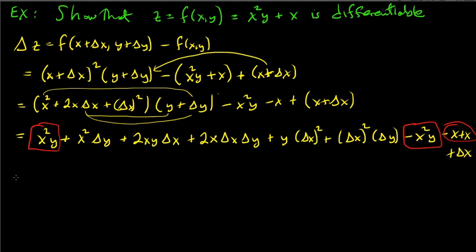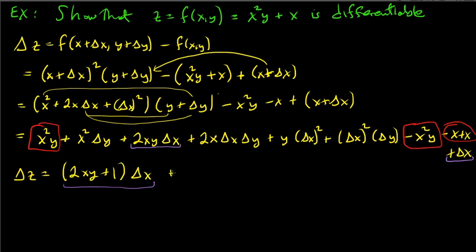All right, so again, our delta z now is going to be, and let's see if we can collect terms with the same delta. Let's do delta x first. So you're going to get 2xy plus 1 times delta x. Right, so that came from this term plus this term, just to keep track of everything.